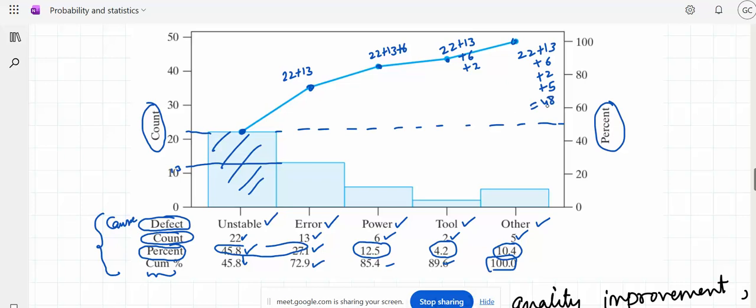So now whenever I get this Pareto graph, I know that the earlier causes are the most important, and I just have to work on these causes, right? Unless I want to make something perfect, right? Most of the times whenever we are doing something, we are looking for 80% of the work done, right?